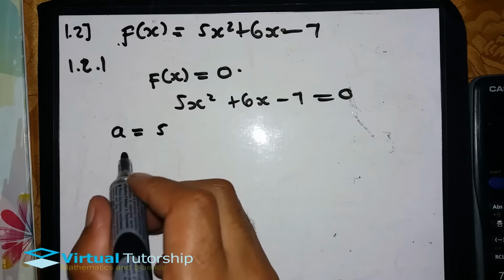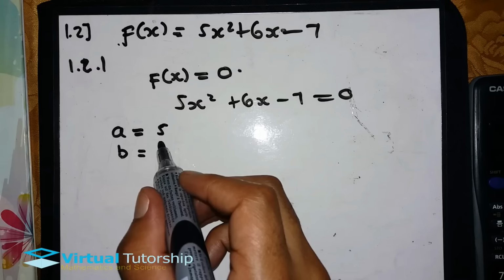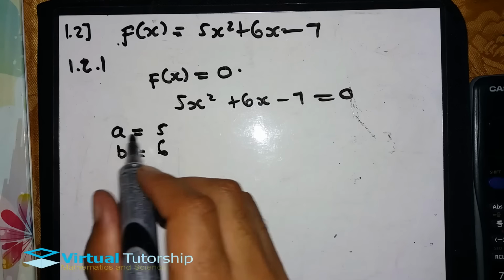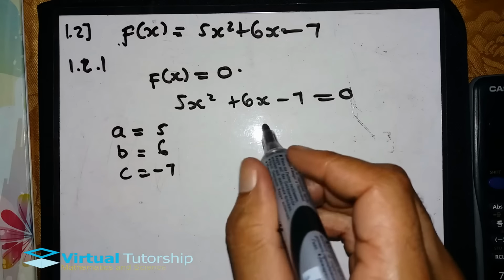But then here we can use the quadratic formula. So a is equal to 5, b is equal to 6, c is equal to minus 7.